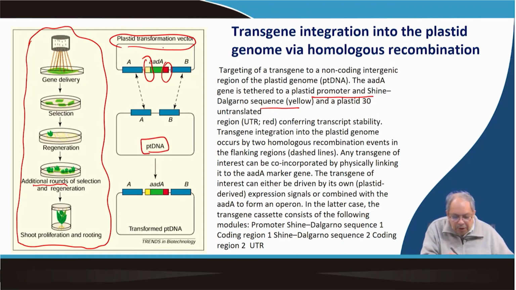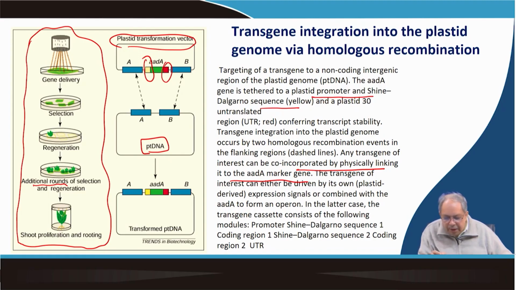Upon homologous recombination, aadA will be integrated within the plastid DNA. Basically it happens by physical linking of the aadA gene through the flanking regions, and eventually you will have aadA in all the circular DNA of the single plastid, and in all the plastid DNA present in the cell.